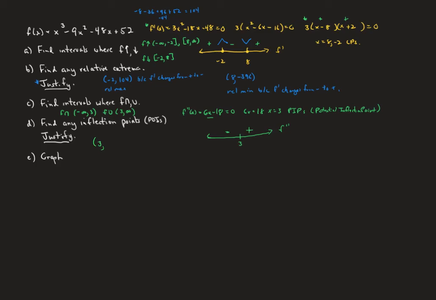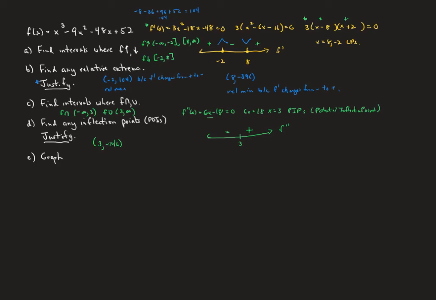So I'm going to pause here, and again, I'm going to use my calculator to evaluate this at 3. Okay, well, I got a negative 146 for the y-coordinate there. And this is our inflection point, and our justification is going to have to sound a lot like what we did for our justification for our relative min or relative max.